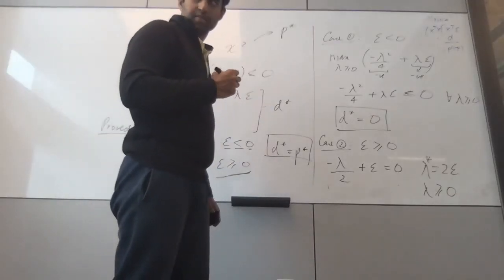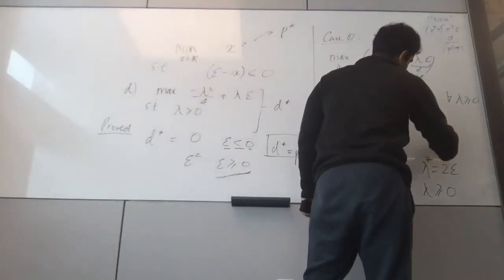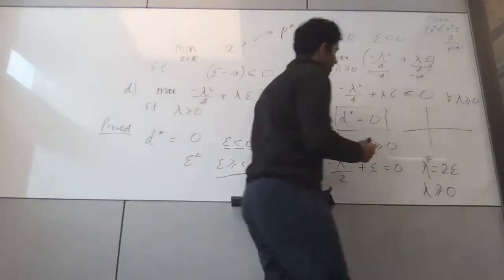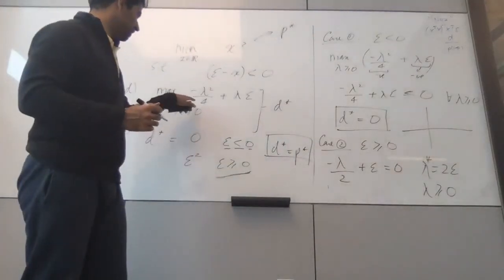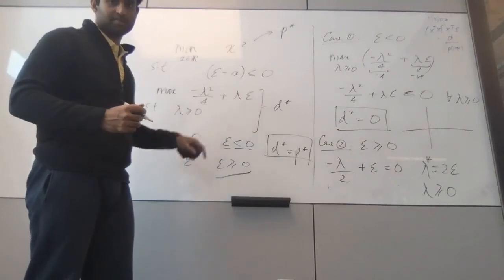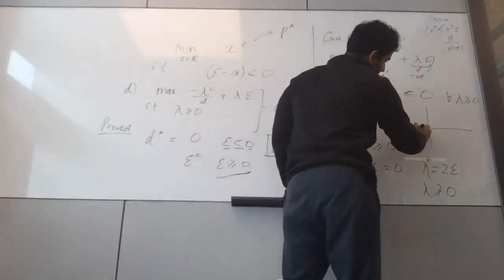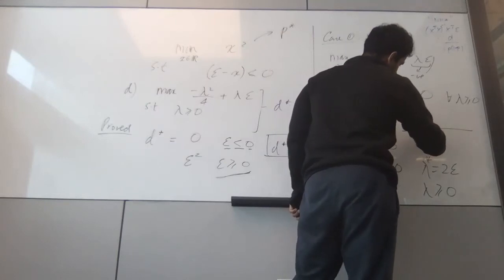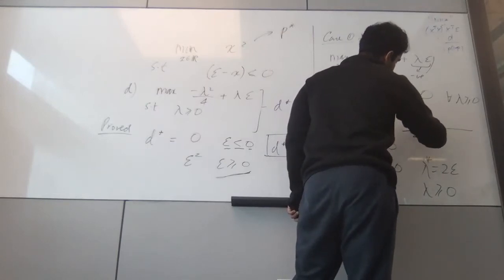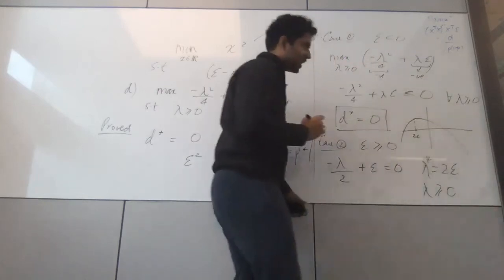Okay. So I guess one way to look at this function is, let's say I plot this function, negative lambda squared over 4 plus lambda epsilon. This point 2 epsilon, let's say it's somewhere here. What this means is that the function looks something like this, because it's a negative quadratic.